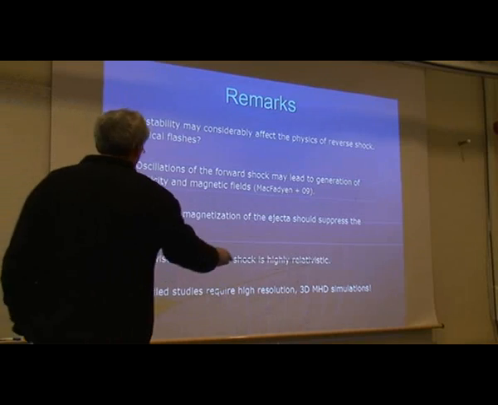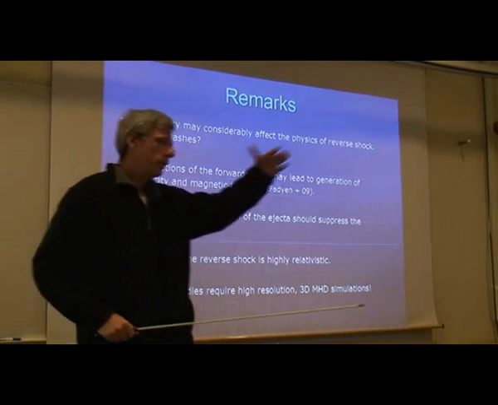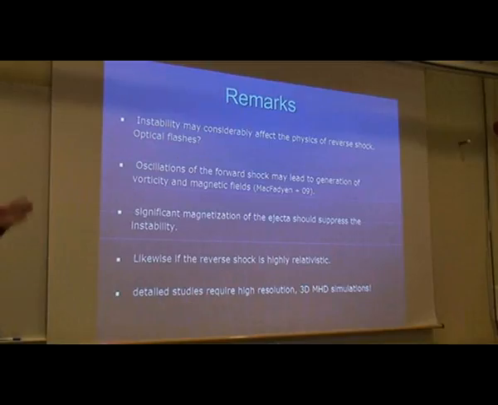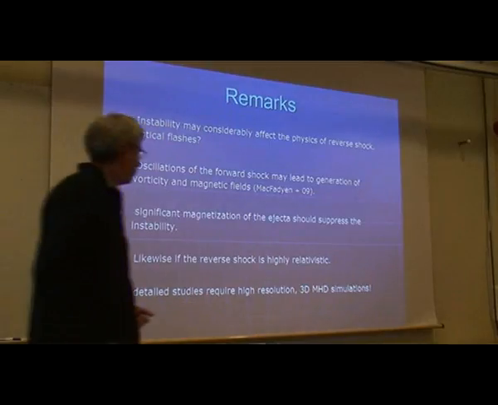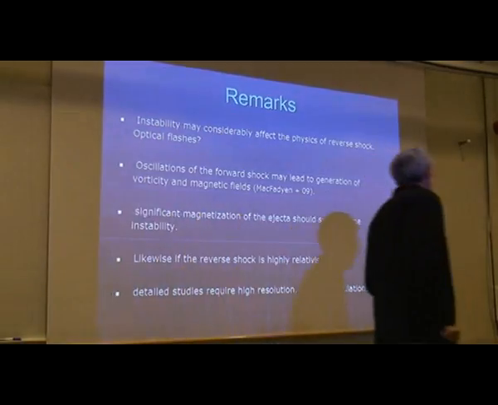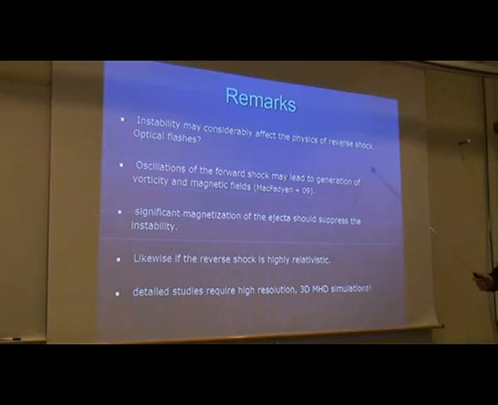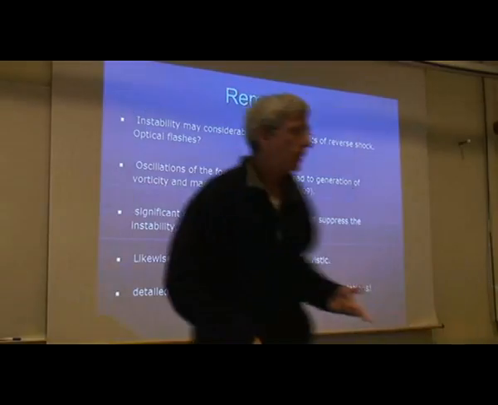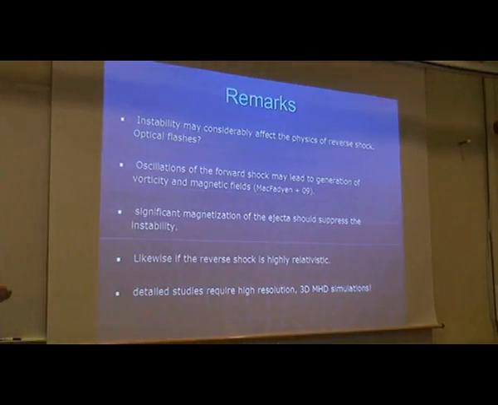And then he said, if the density of the ejecta is too low, then it's probably stable. Now, all these questions should be studied. What I did is very naive in terms of what these sophisticated people are doing. But in principle, it can be done with numerical simulation.